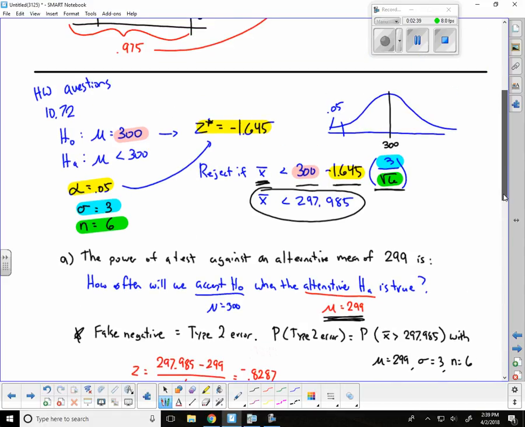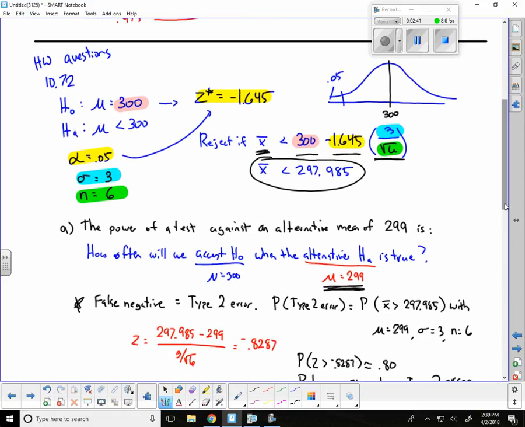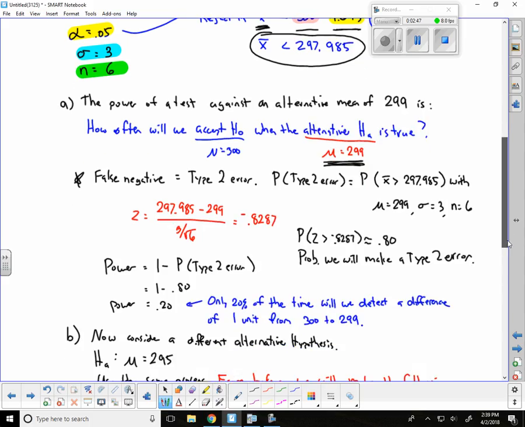So what's the probability of that happening? Well, we have to look at the specific alternative and say, what's the probability that x bar is going to be less than 297.985 if we have the mean of 299? And so with 299, notice that we are going to standardize right here, 297.985 minus 299, and get a z-value of negative 0.8287.